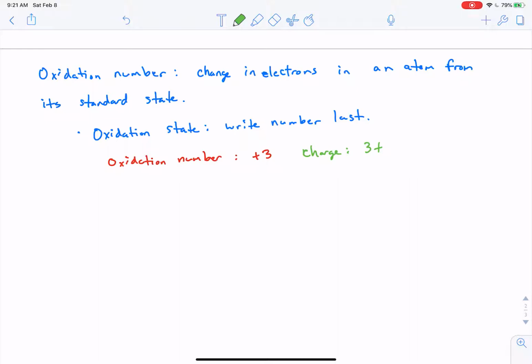Yes, Sophia. What exactly is the difference between oxidation and charge? An oxidation number states a hypothetical situation: if the two atoms that are bonded together were actually to break apart, who would get the electrons?